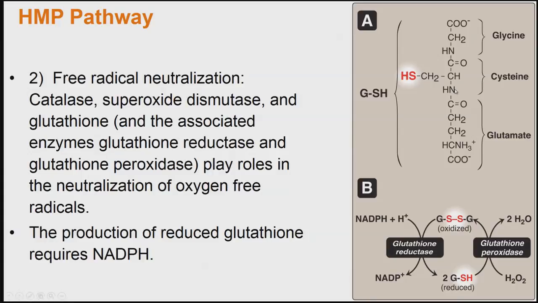You're going to take 2 molecules of glutathione, use them in their reduced state to neutralize reactive oxygen species, in this case hydrogen peroxide. That's one example of a reactive oxygen species. And we're actually going to reduce it to water.